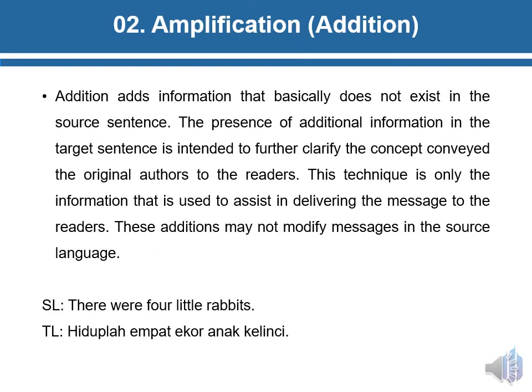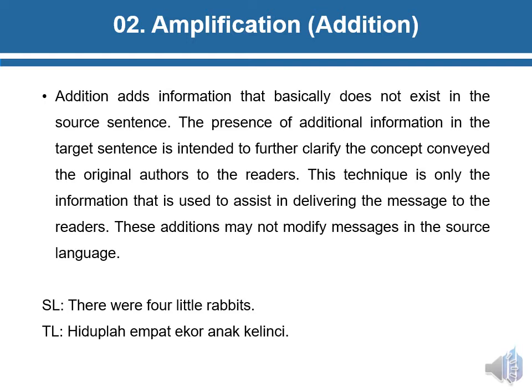The second one is amplification or addition. Addition adds information that basically doesn't exist in the source sentence. The presence of additional information in the target sentence is intended to further clarify the concept conveyed by the original author to the readers. This technique is only for information that is used to assist in delivering the message to the readers.